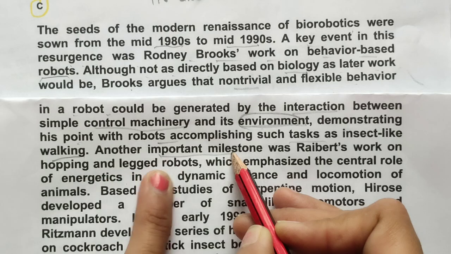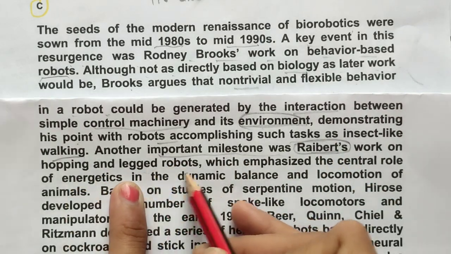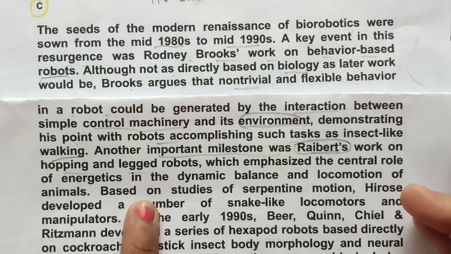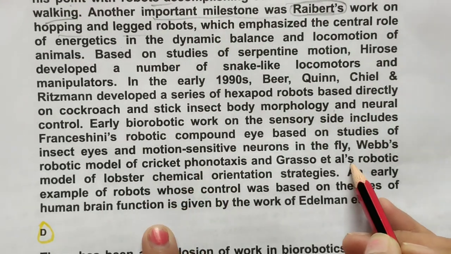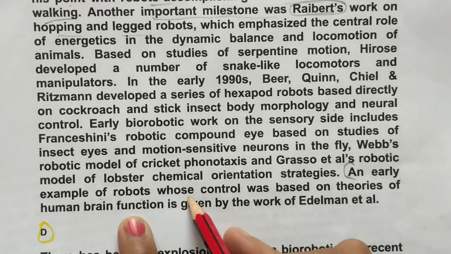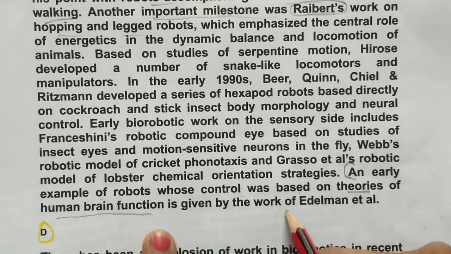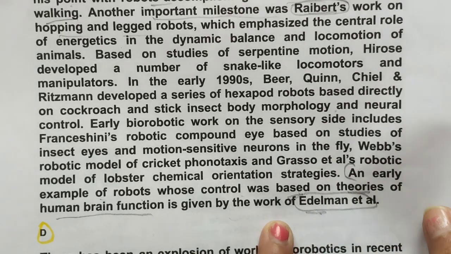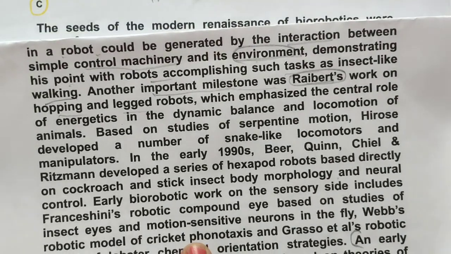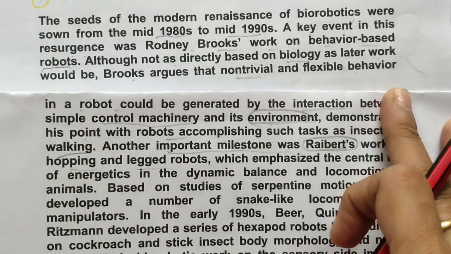Okay. Another important milestone was a person's name, legged robots. Okay, so the last one or two lines also we can read. An early example of robots whose control was based on theories of human brain function is given by the work of this. Something is different. So let's read the options now.